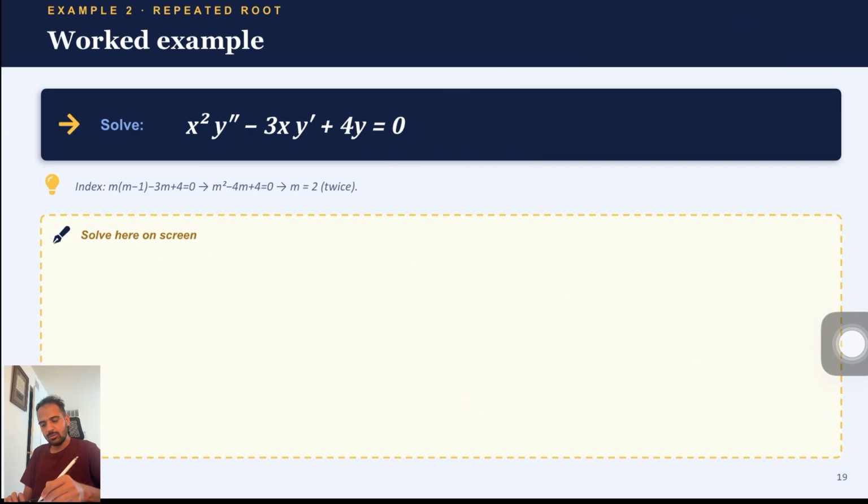Okay, let me go to another case that we may have for the different roots condition. So our differential equation is given in this form. We'll assume our y is x^m. Okay, so this will lead me again to x² y double prime, which will be m(m minus 1), and I will have 3m, and I will have 4 equals 0.